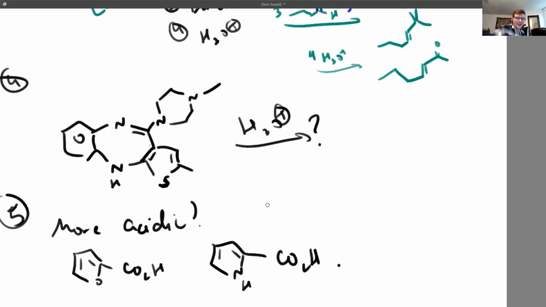Sure. So the thing about this sulfur is that it has these lone pairs and these electrons here. So this whole ring is actually aromatic. So nothing's going to happen to it. Oh, I gotcha. Okay. It's here to stay.